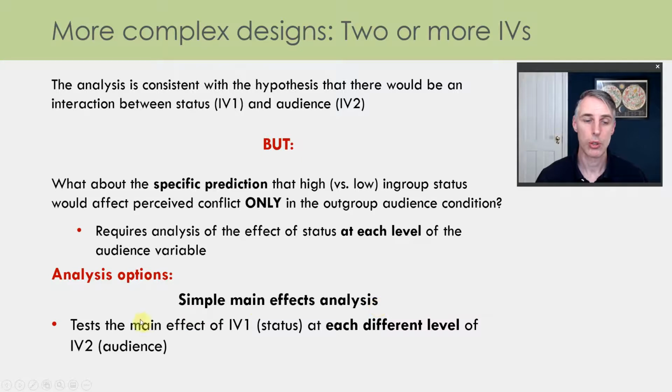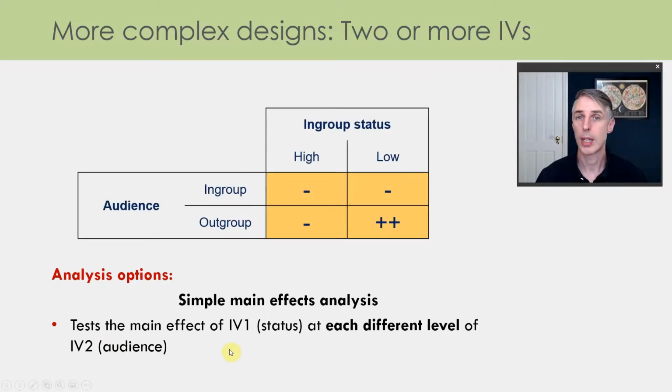What that does is test the main effect of one independent variable, status, at each different level of a second independent variable, or a third or fourth independent variable. In this case, it's audience. Again, representing this schematically can help. Remember our two-way design, where we have the effect of status broken down by audience condition, in-group versus out-group.